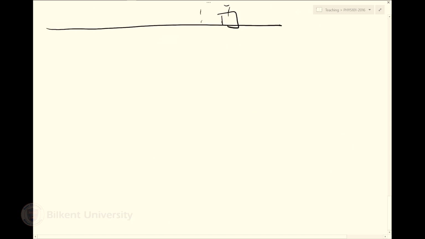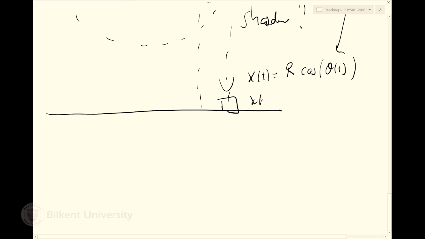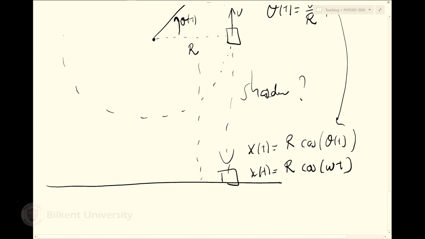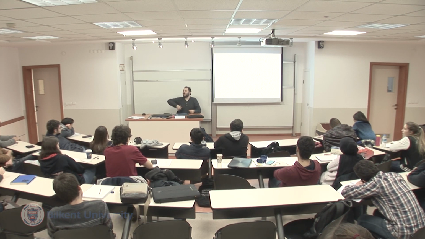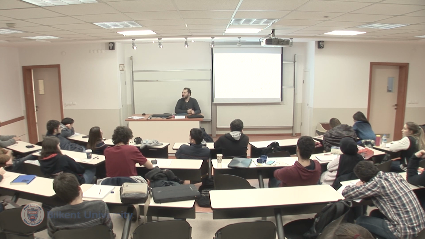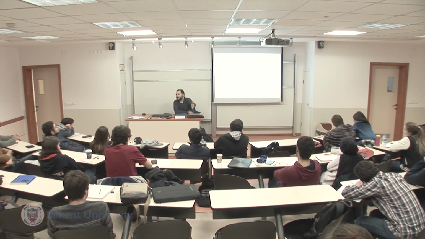So x of t is r times cosine omega t. That's why we call this omega. It's essentially the angular speed of the corresponding uniform circular motion. So there is a one-to-one correspondence between uniform circular motion and simple harmonic motion.